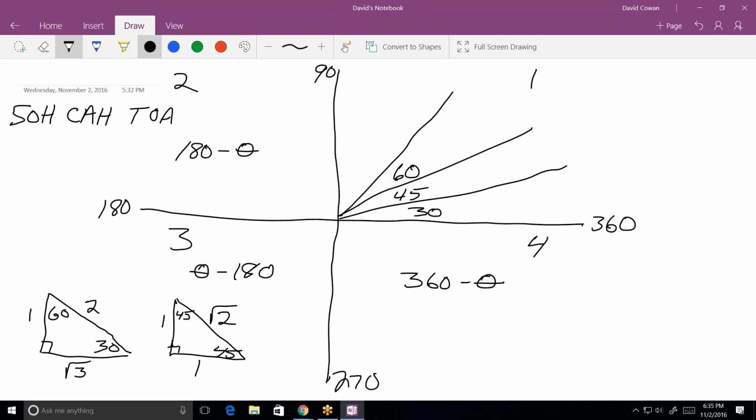The way you do second, third, and fourth quadrant is you use this expression here to convert it to the equivalent first quadrant angle. In other words, if I said, what is the sine of 150 degrees? You plug in 150 for theta, and that gives you 30 degrees.